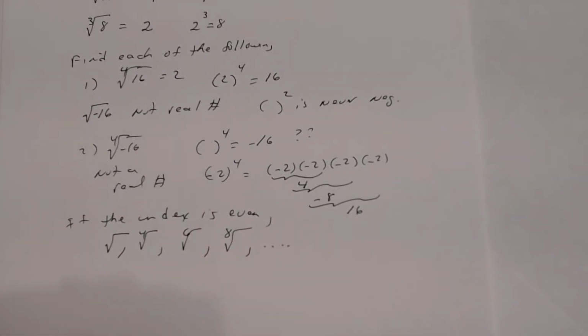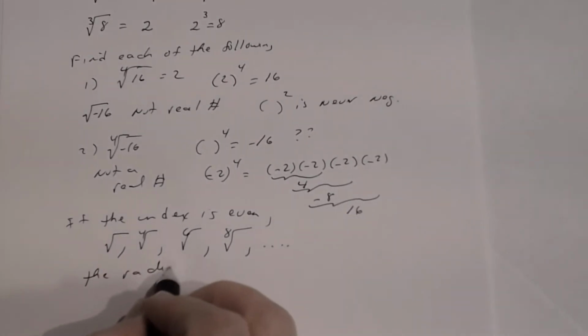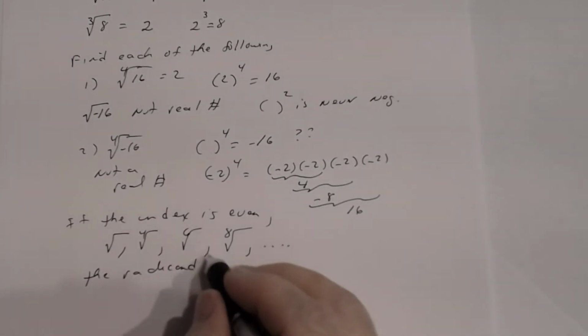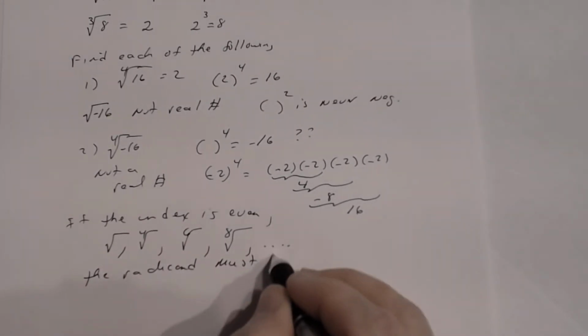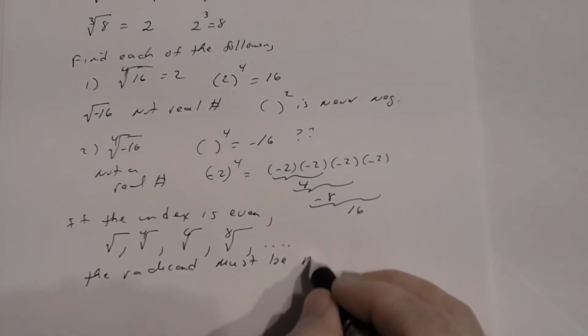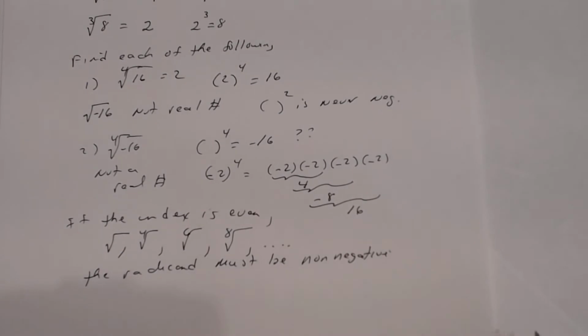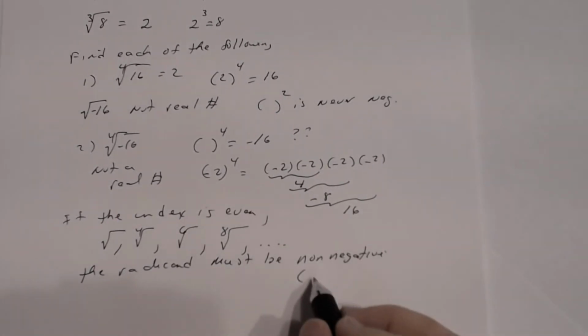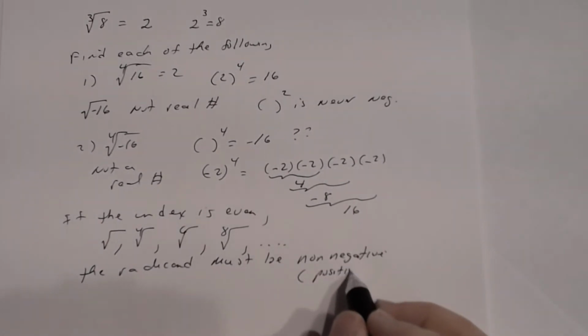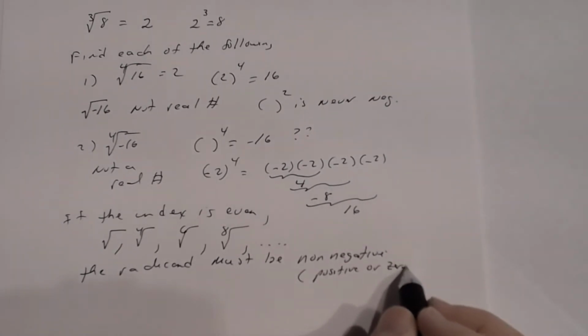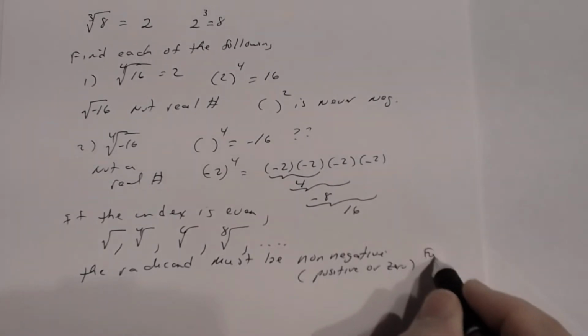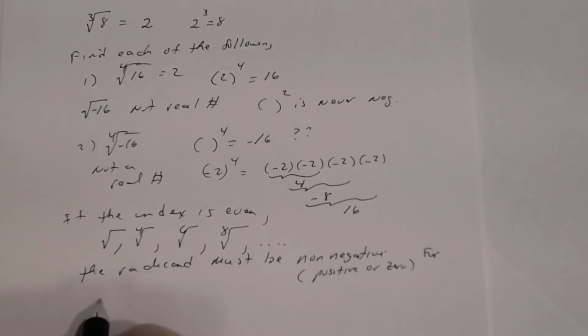That's what I mean. So if the index is even, the radicand must be non-negative, which means positive or 0. It cannot be negative for the root to be a real number.